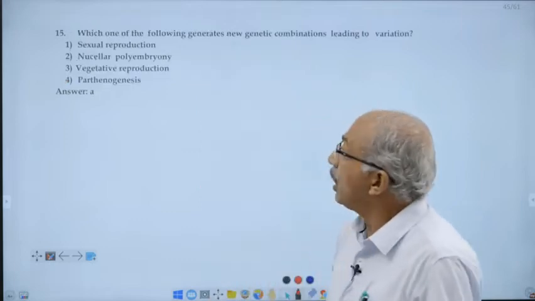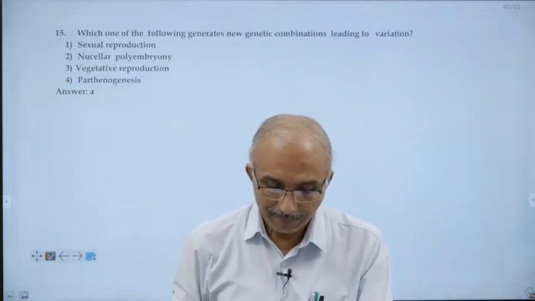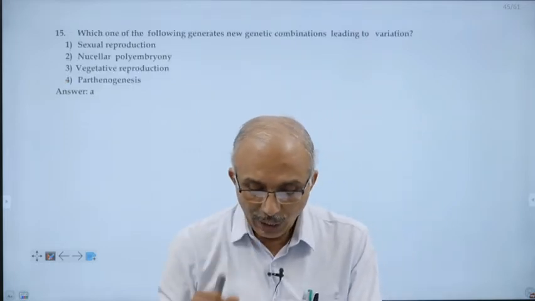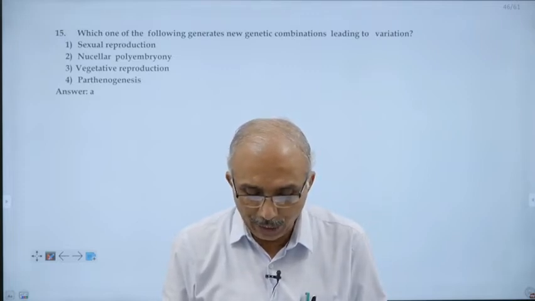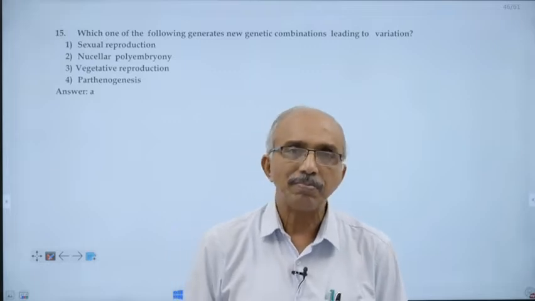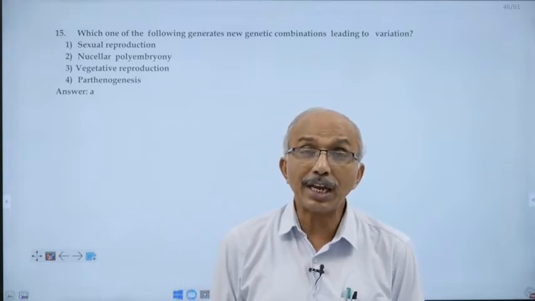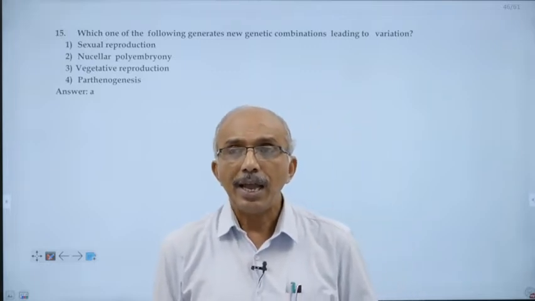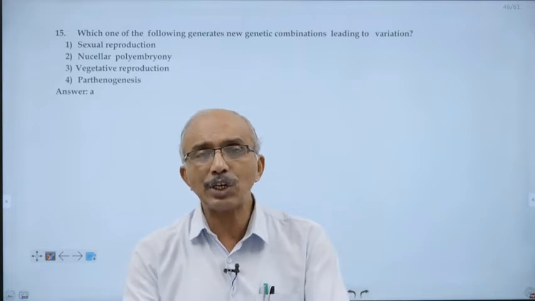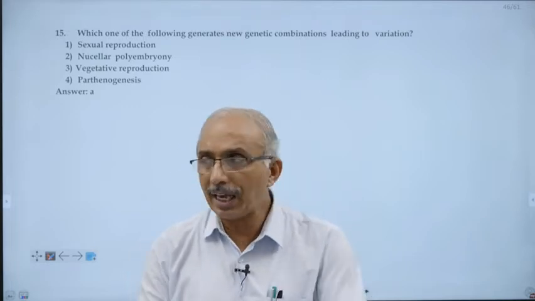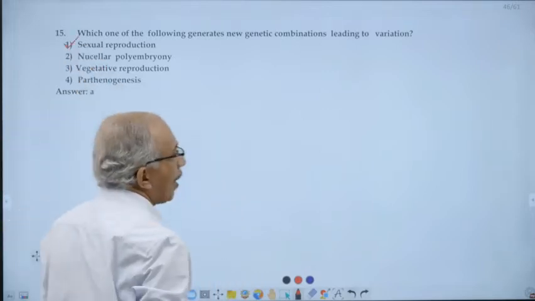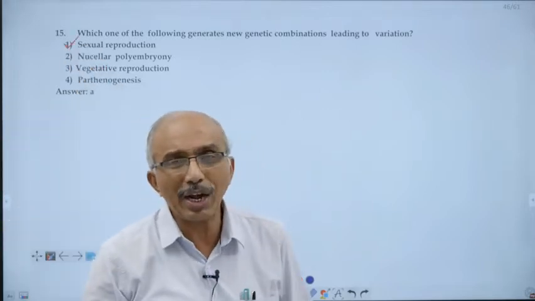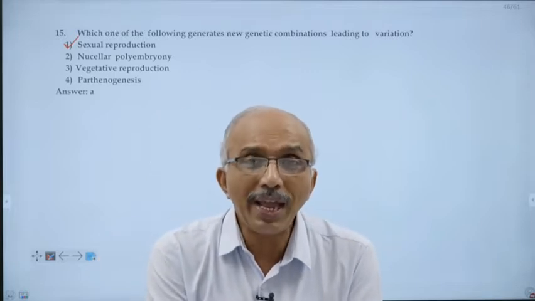Next. Which of the following generates new genetic recombination leading to variation? New genetic recombination and results in variation in progeny. It is in sexual reproduction. Why?